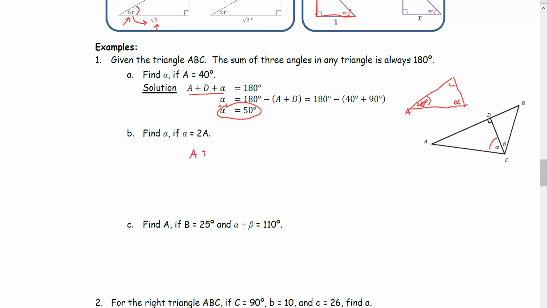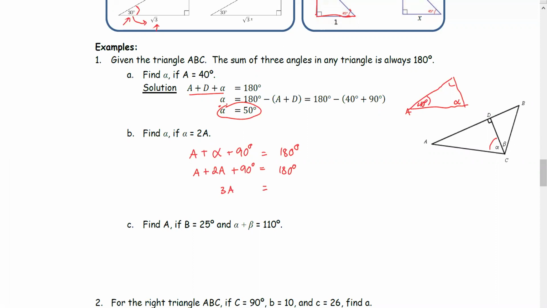So A plus angle alpha plus 90 degrees equals 180 degrees. And alpha is given to be 2A. So A plus 2A plus 90 degrees equals 180 degrees.